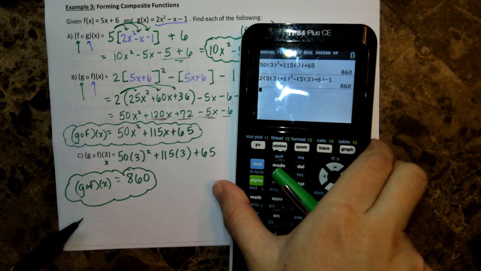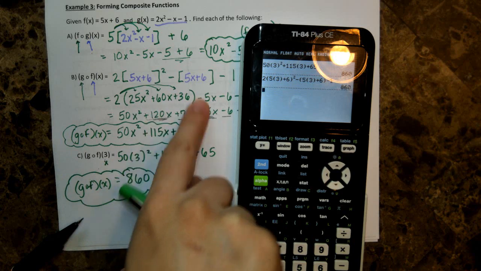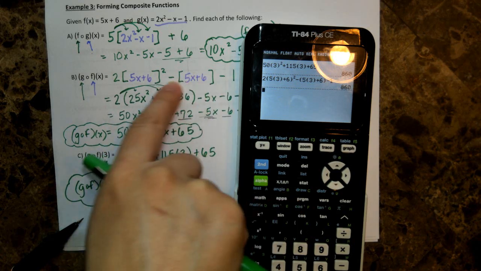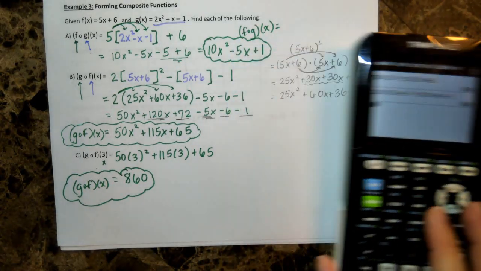See, 860. Anytime you have to plug in a number at the end, I skip all the simplifying. I just plug in the number 3 for x early on because you'll get the same answer. That's what I meant.